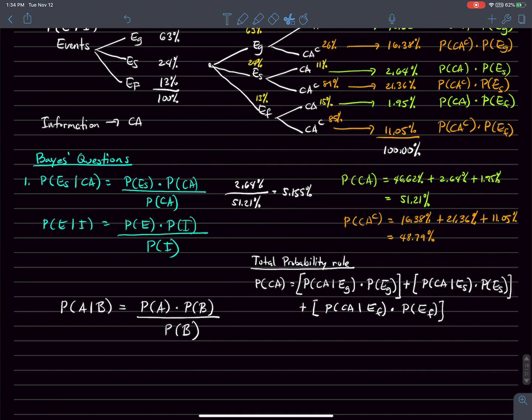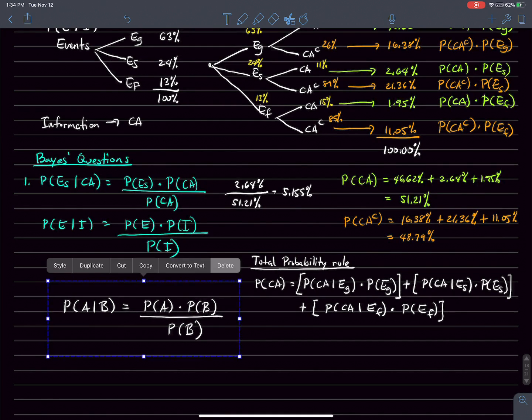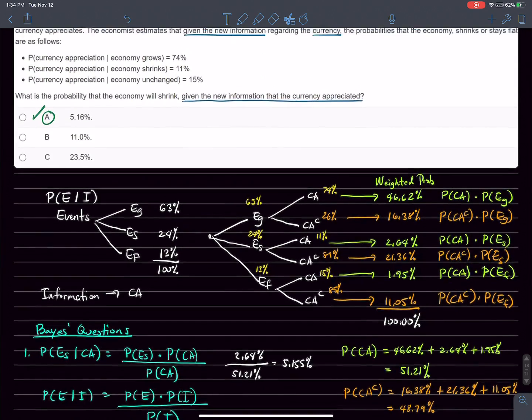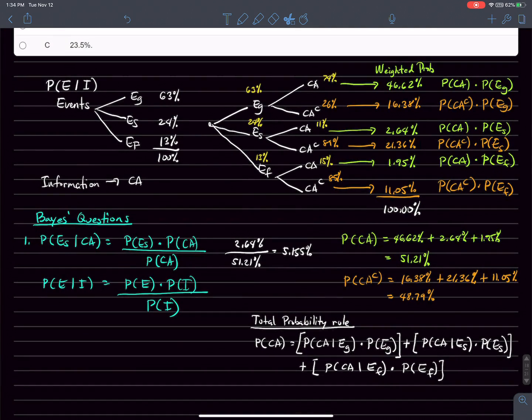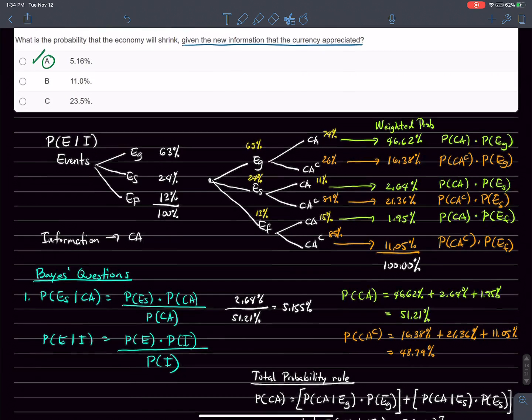There will be a next video on this one. We'll answer some more Bayes formula questions based on this given problem.